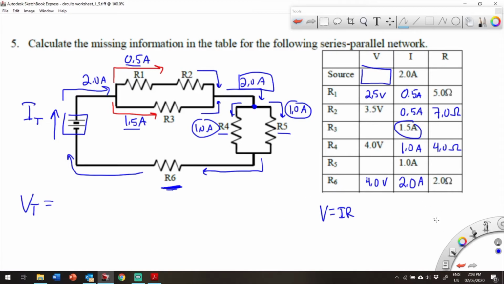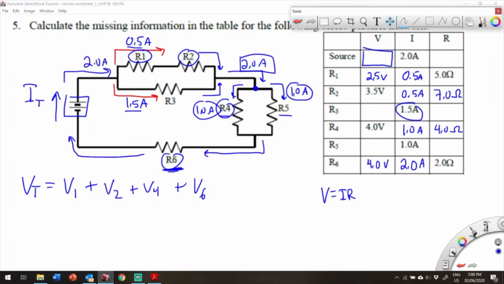There's one path I can pick that has all the voltages necessary: going through R1, V1, through R2, V2, through R4, V4, and finally through R6. That gets me the total voltage, because that's one path.